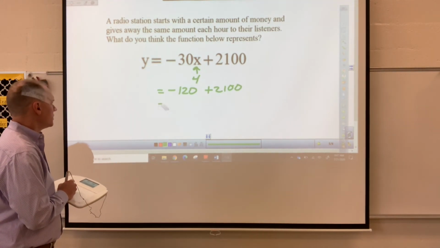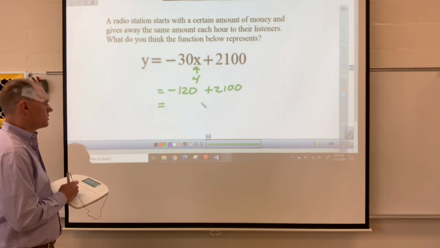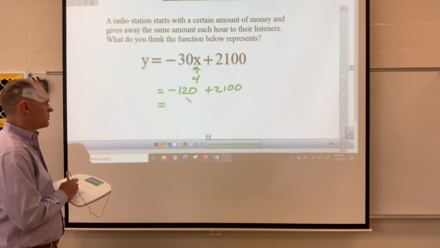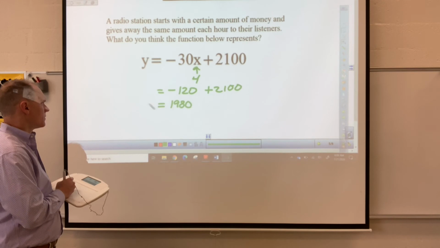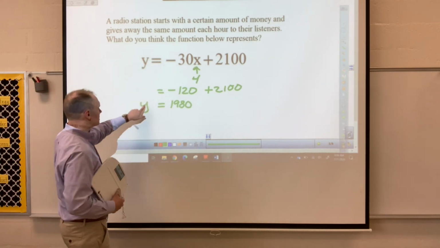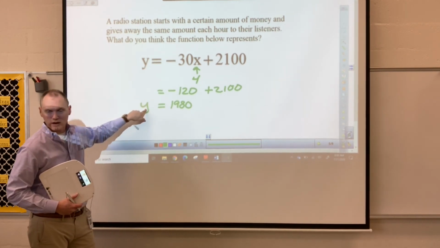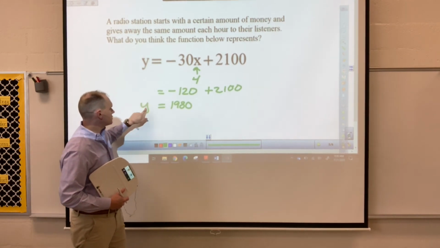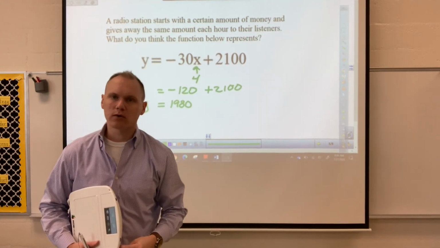So if we take 2,100 minus 100 would be 2,000, minus 20 more would be 1,980. That would be the y value. So y is the amount of money left over after X hours. So in this case, 1,980 is the amount of money left after 4 hours.